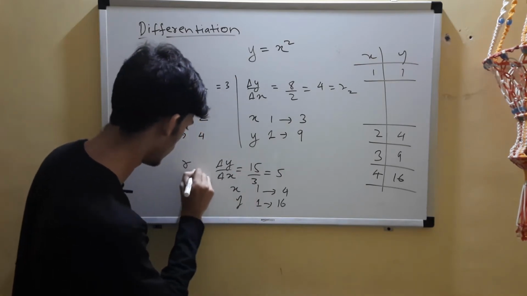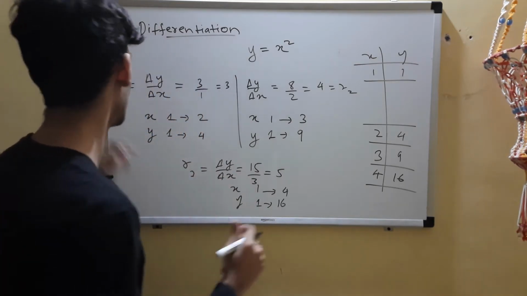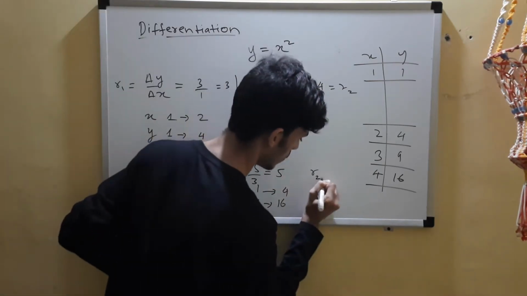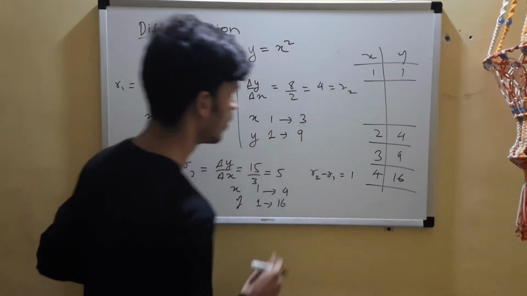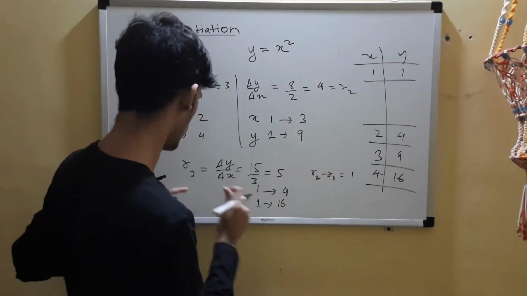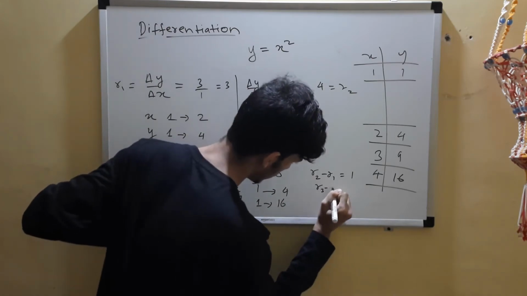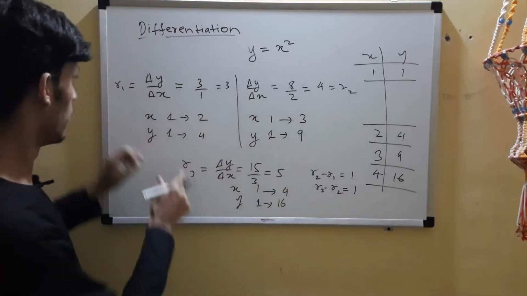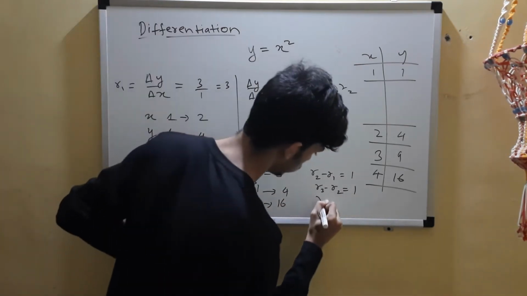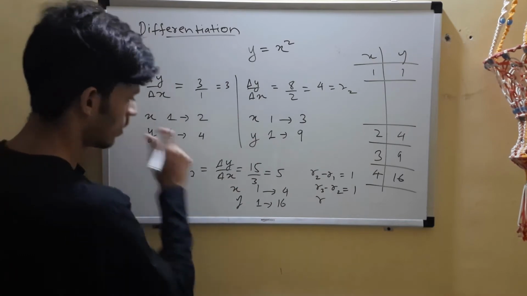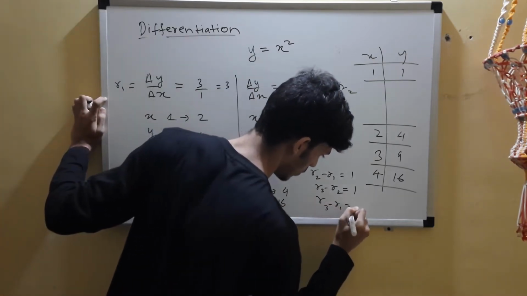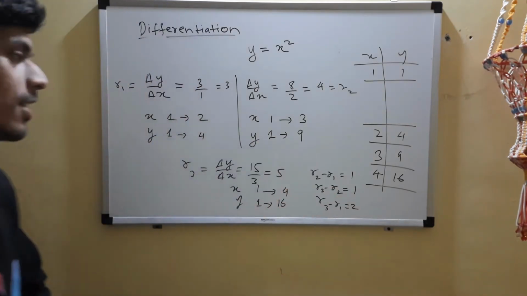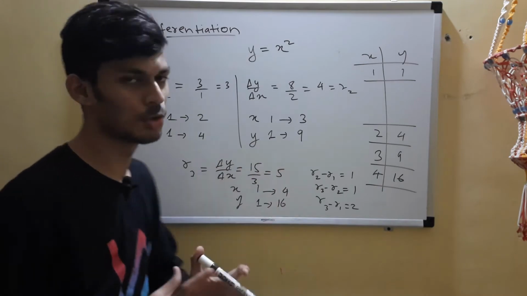Rate 2 minus rate 1 is 4 minus 3, which is 1. Rate 3 minus rate 2 is also 1, and rate 3 minus rate 1 is 2. It goes on increasing. This is just a logic I'm giving you, and you'll understand when I discuss further. So the rate goes on changing, that is the point.